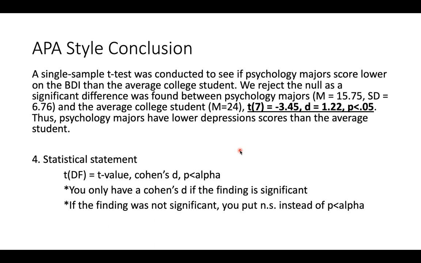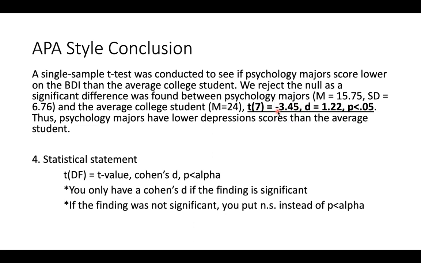Next, we need to give our statistical statement. So we start with t because we did a t-test. t, paren, our degrees of freedom, which is 7 because we had 8 participants, close paren, equals negative 3.45. That's our t value, the calculated t value. We need to keep this negative here.